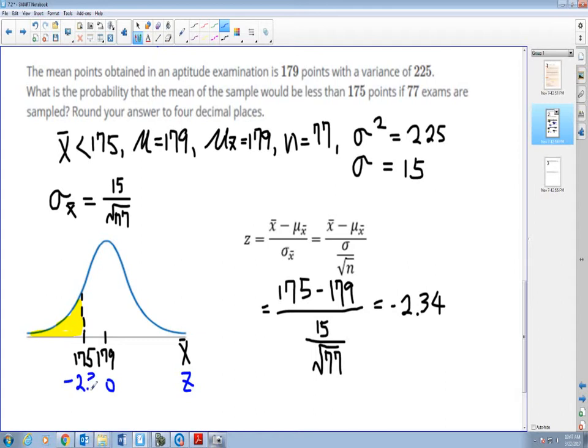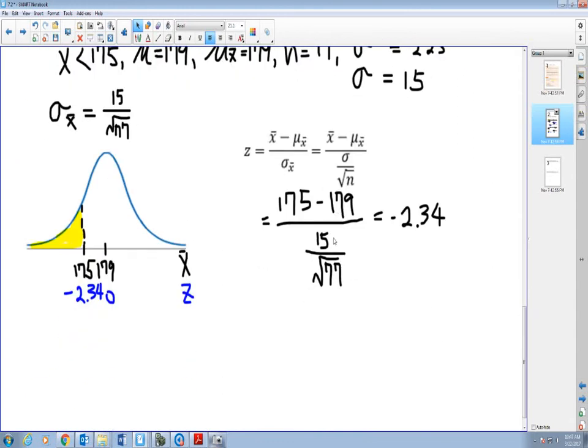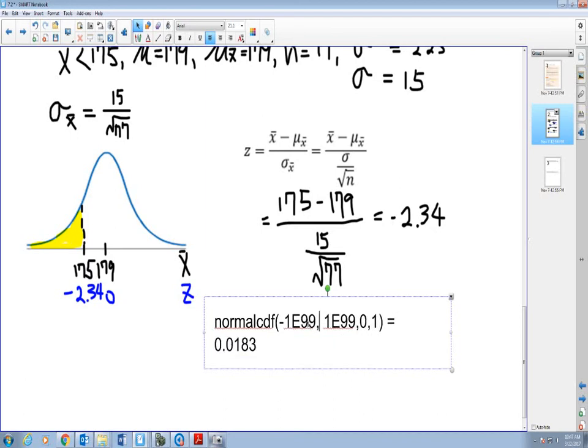So I'm looking for the area to the left. So normal CDF. Keep on going left means keep on going to negative infinity. So that will be negative 1E99, comma, upper bound all the way up to negative 2.34, comma 0, comma 1.